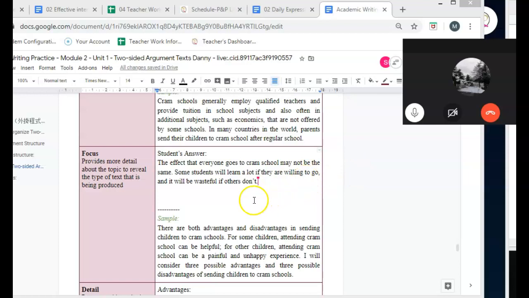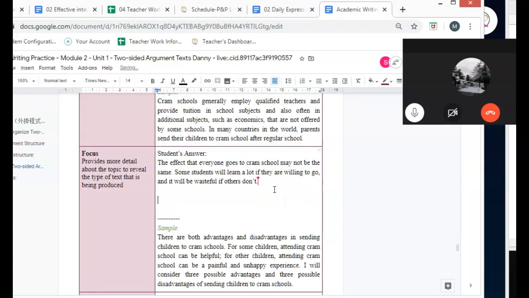They are both relevant. Let's read this. So your answer: the effect that everyone goes to cram school may not be the same. Some students will earn a lot if they are willing to go, and it will be wasteful if others don't.